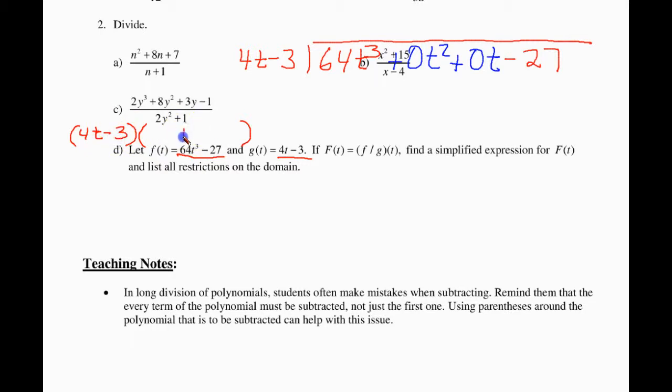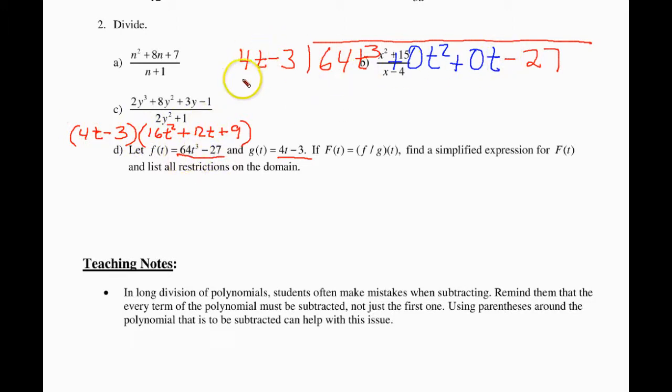And then it was opposite side over here. Square this. That's going to be 16t squared. Multiply this together. That was a 12t. And then square this. This is a plus 9. And I expect that's what we're going to get up here. So we're dividing this into that. So if we multiplied this by that, we got this, which is what's there.